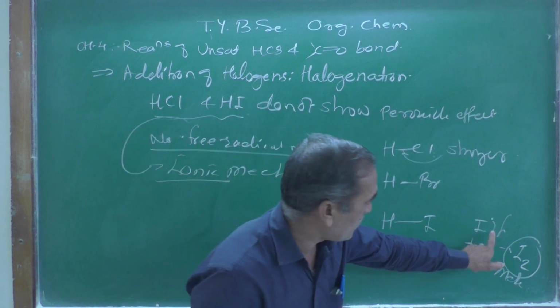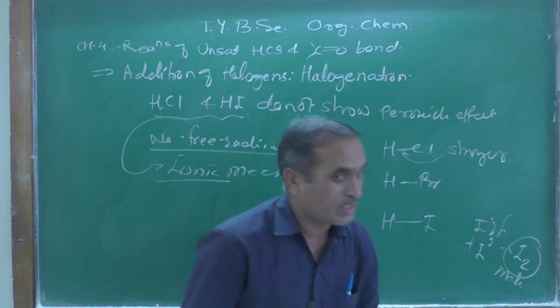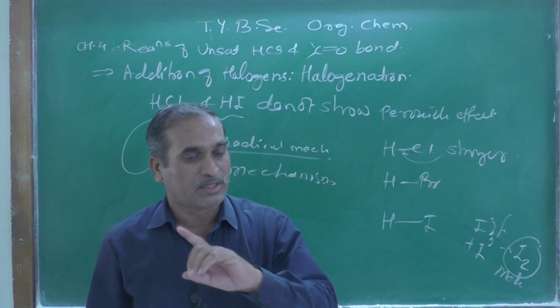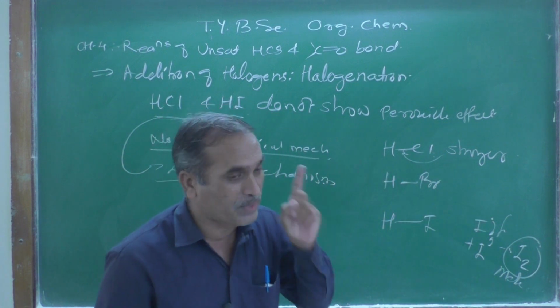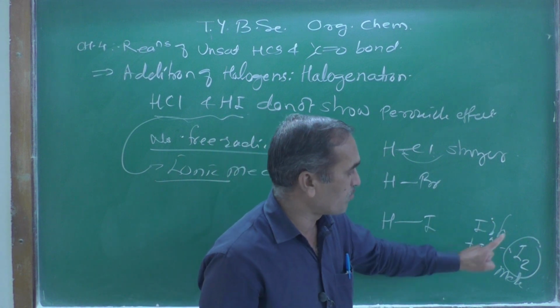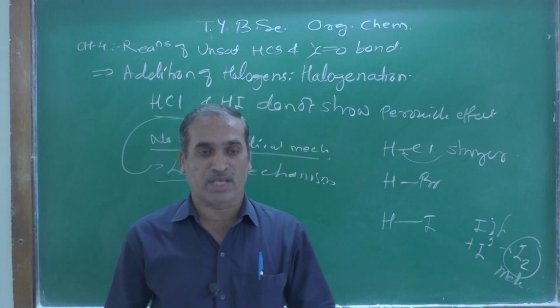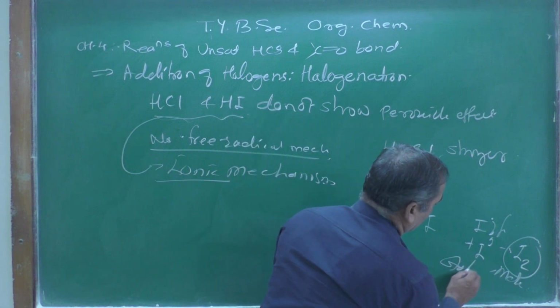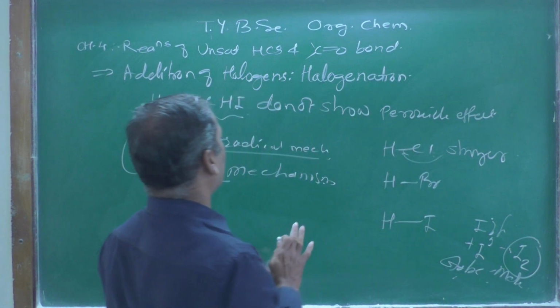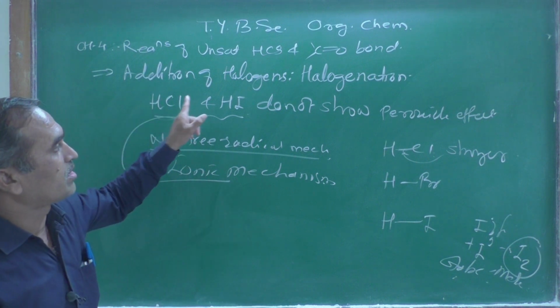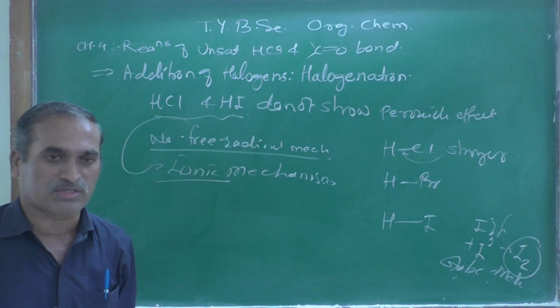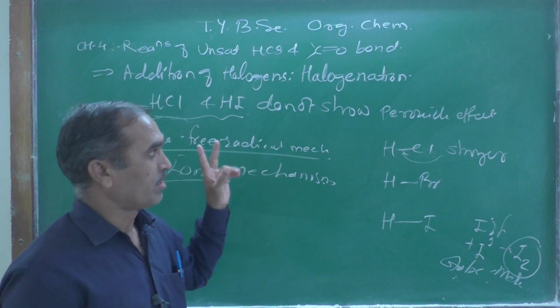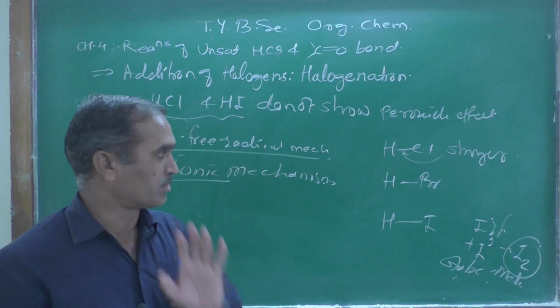Instead of adding I to the carbon-carbon double bond, it prefers to form a bond with another iodine itself, and therefore it becomes a stable molecule. These are the reasons why HCl and HI do not show the peroxide effect.